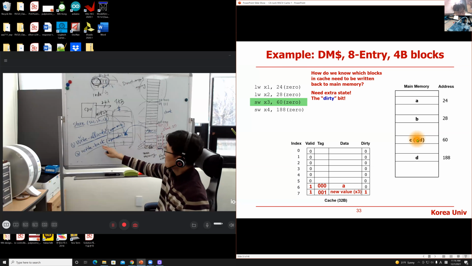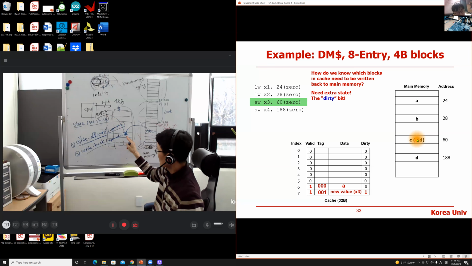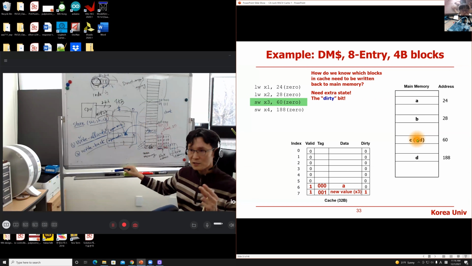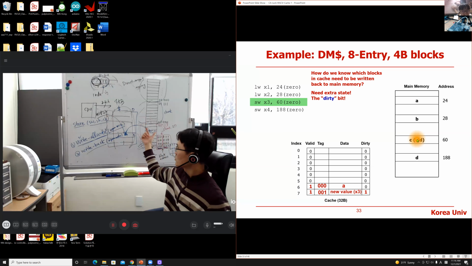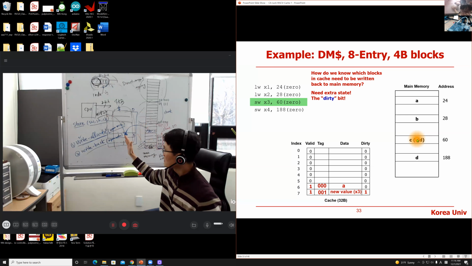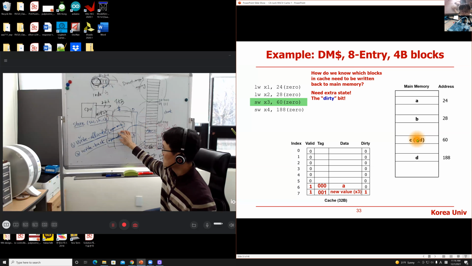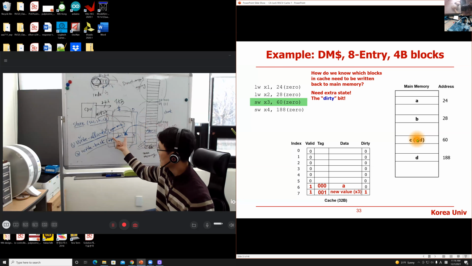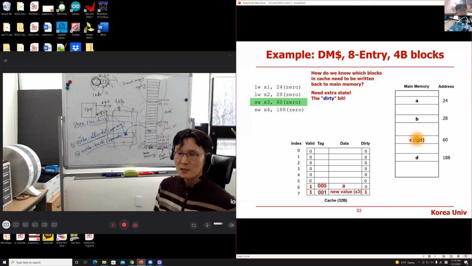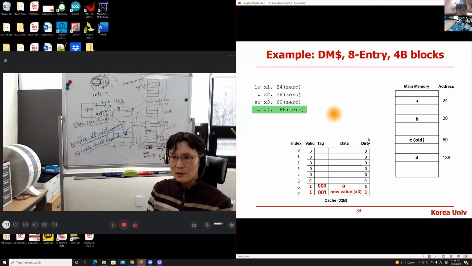Write back means I'm going to update only the cache and set the dirty bit to 1. Two different policies. When you miss the cache, allocate this block to the cache. When you update, the cache now contains the memory block. That is write allocation. And write back means I'm going to update only the cache. Two different policies.